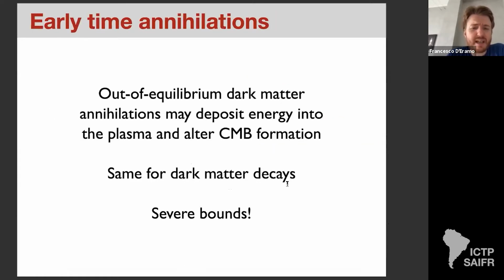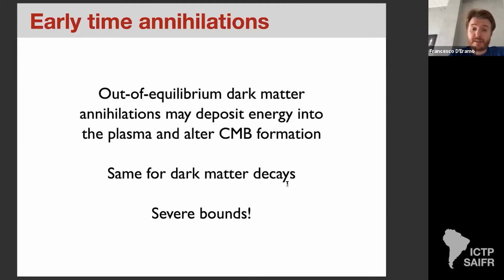The last thing I will discuss, and then I will stop for questions, is to conclude the topic of indirect detection, and in particular to conclude the topic of probing dark matter annihilations. We can also probe dark matter annihilations happening much longer after the freeze-out, so at temperatures way below the dark matter mass, but also much earlier than today.